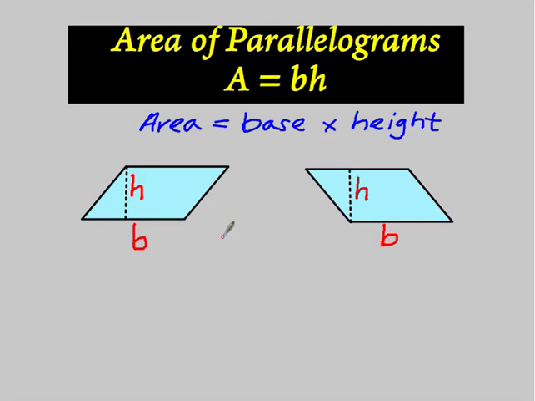And what you're doing when you find area, which you learned in 4th grade, is you're finding the amount of square units inside the shape. Think of it like if you were going to put tile down on a floor.